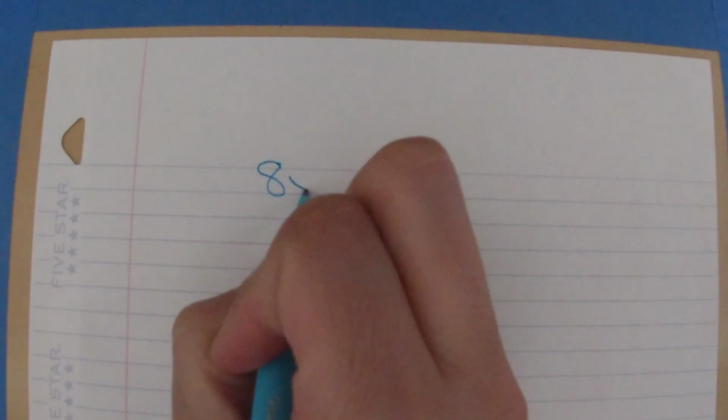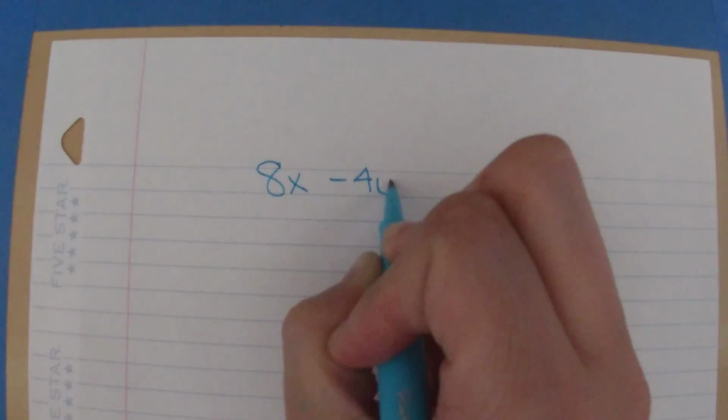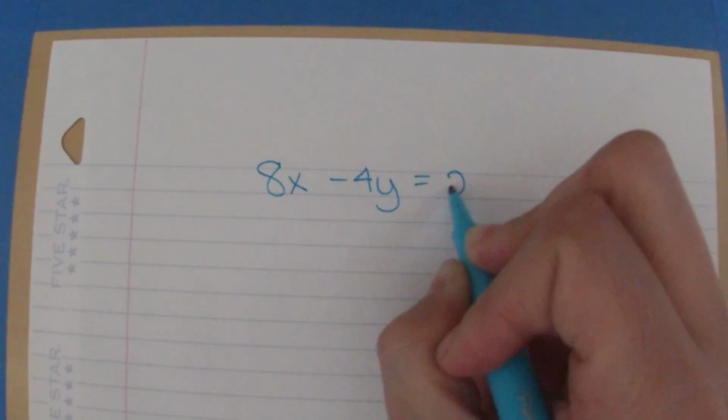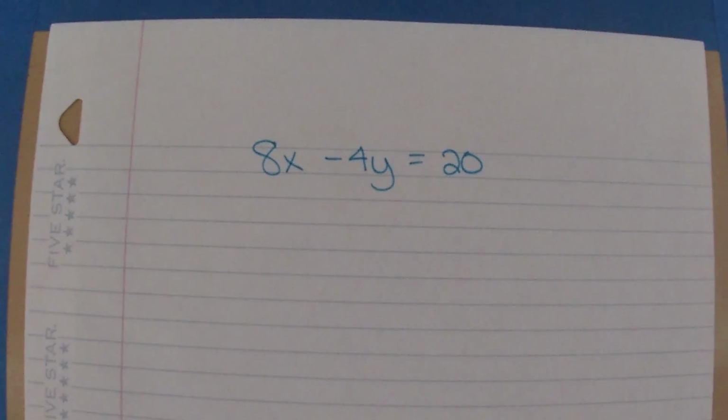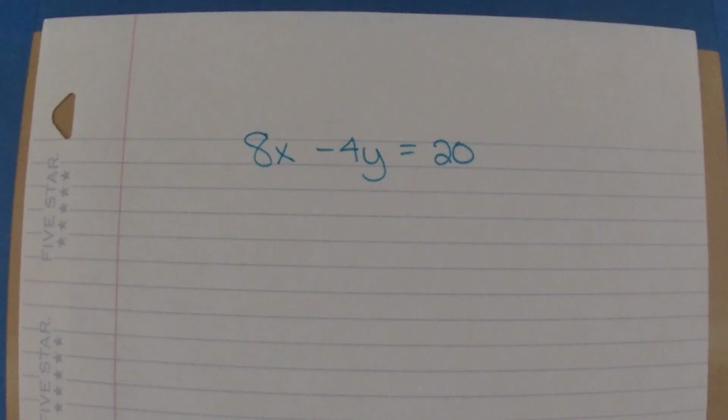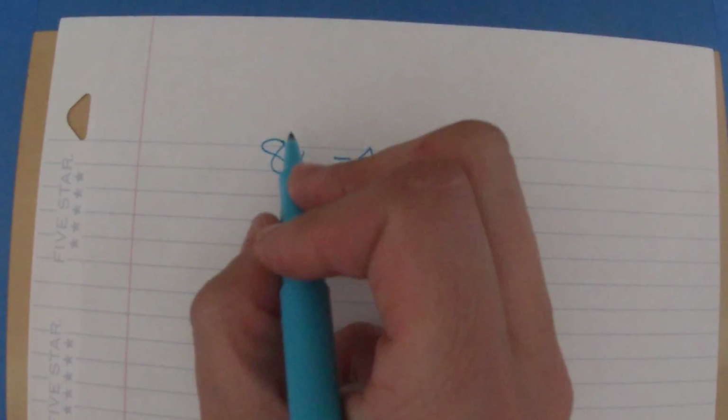A couple of last reminders. I said if you didn't feel like you could graph in slope-intercept form, you should at least feel like you could solve for y. So if we had something like, I don't know, 8x minus 4y equals 20, remember to solve this for y, we move our x first.